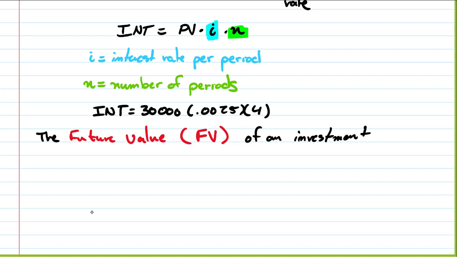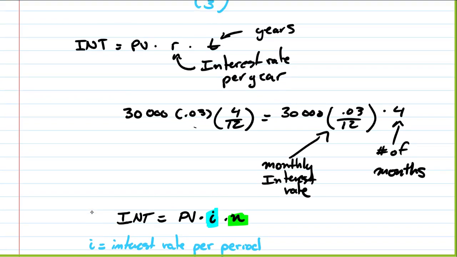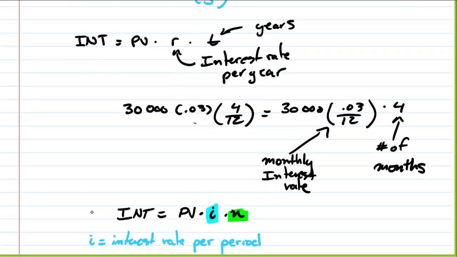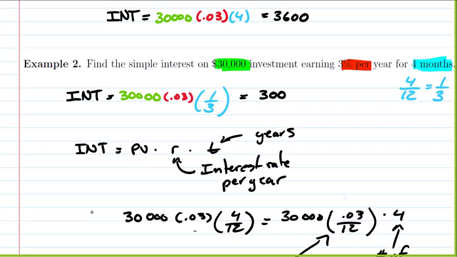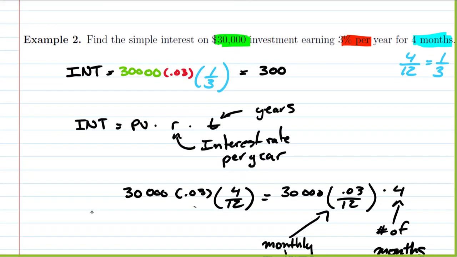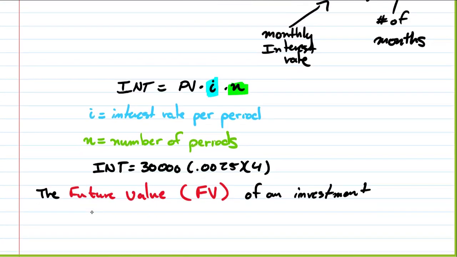Based on what we saw above, using this formula, we can calculate how much interest we had. Looking back at example 2, if I had $30,000 when I started earning 3% interest for 4 months, I earned $300 in interest. Well, how much money would I have total after those 4 months? Well, it would be my starting amount plus my interest.